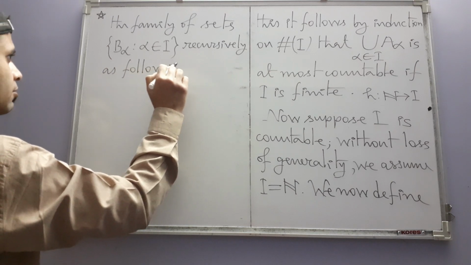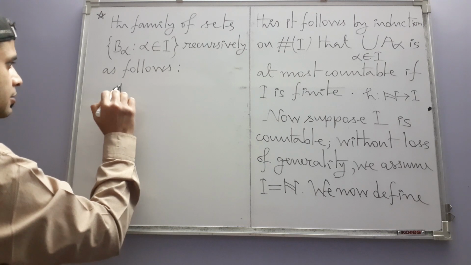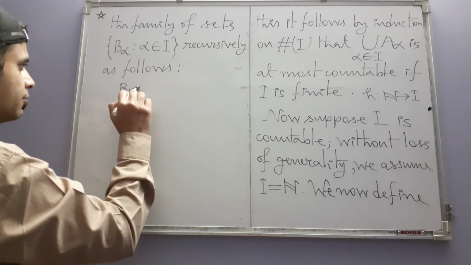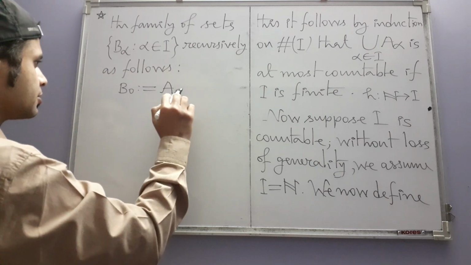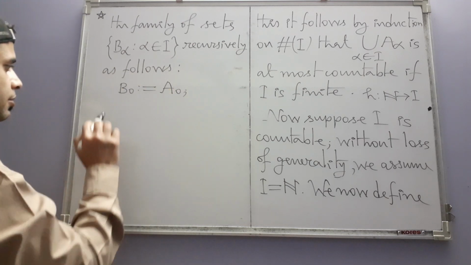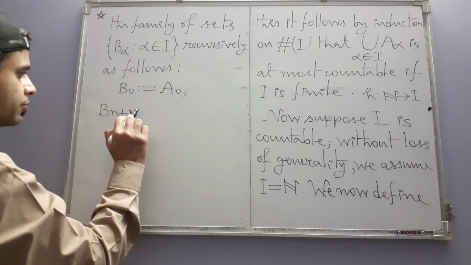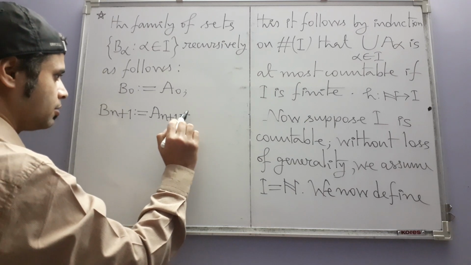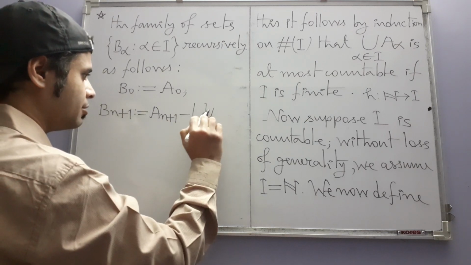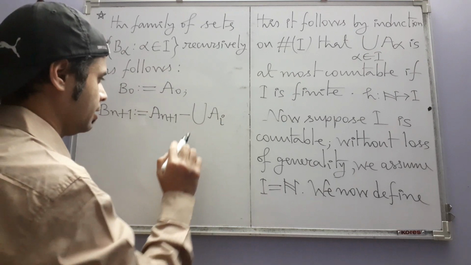The definition of B alpha is recursive, and the definition is just this: B0 is defined to be equal to A0 itself, and then B(n+1) is defined to be equal to A(n+1), from which we are removing the union of all the previous Ai's.